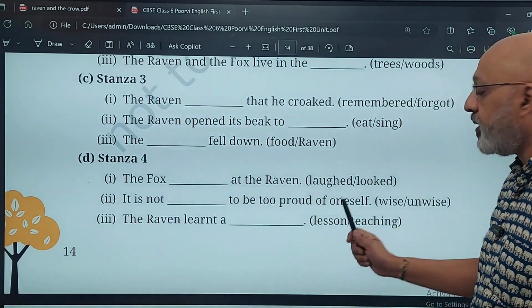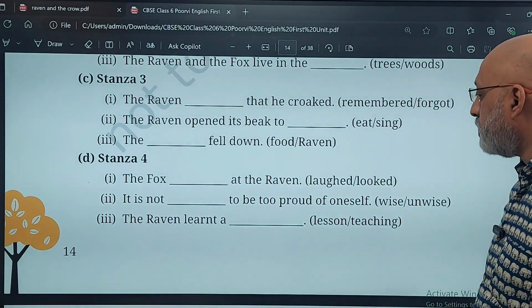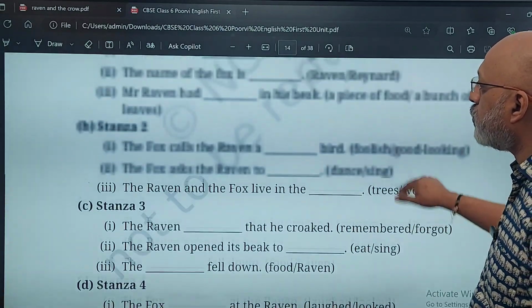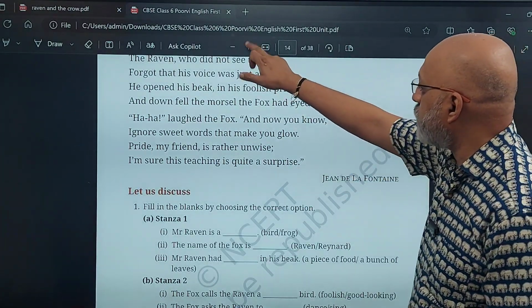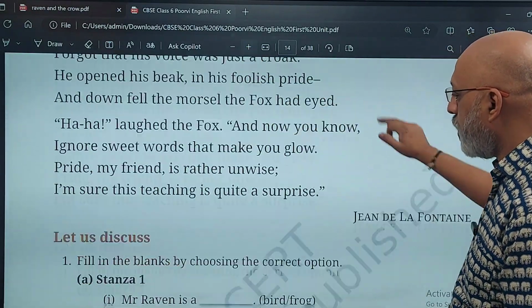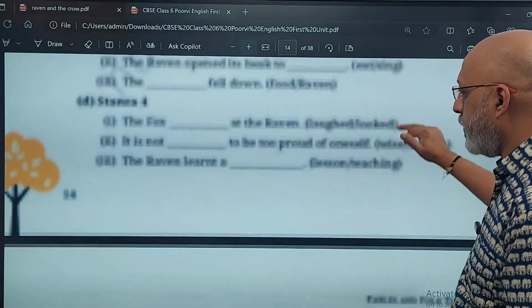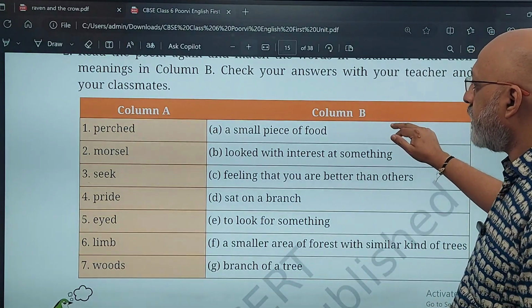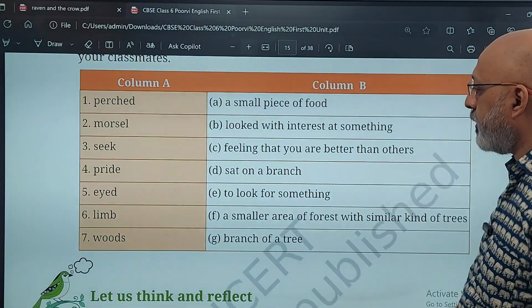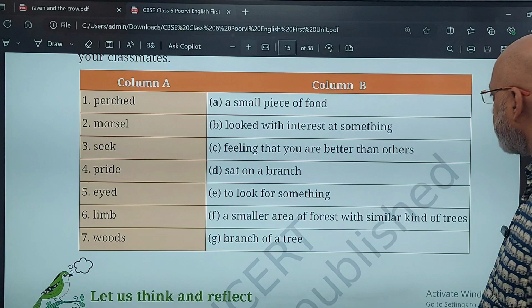The raven learned a teaching, a lesson. You have to go through the उसमें क्या है? This teaching is quite a surprise. So you will use the word teaching. Okay, what is the word used in the poem itself? Okay, आगे चलते हैं. ये इसको मैच करते हैं. Perched.